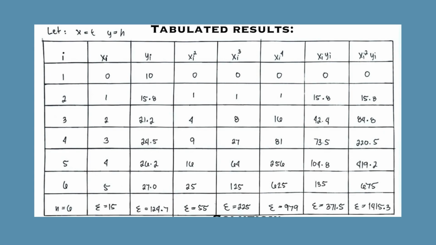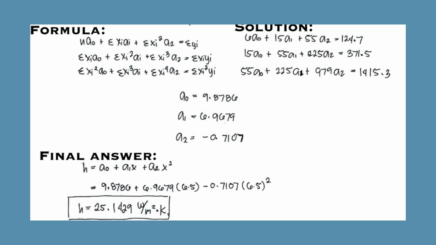The same goes for the summations of x sub i squared, x sub i cubed, x sub i raised to 4, x sub i y sub i, and x sub i squared y sub i. After you put the results in the summation, our next step is to use the formula for finding a sub 0, a sub 1, and a sub 2.